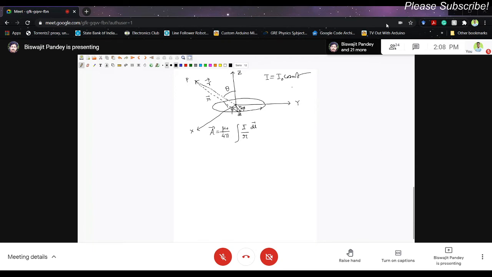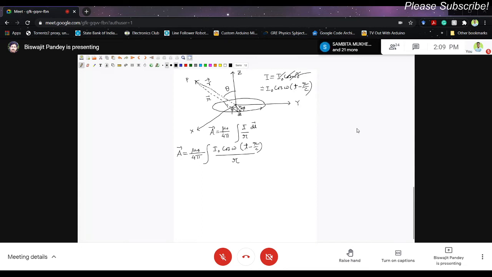Or if you want to be correct, you should write I equal to I0 cos of omega t minus curly R by C. So A equal to mu 0 over 4 pi, I0 cos of omega t minus curly R by C, divided by curly R.